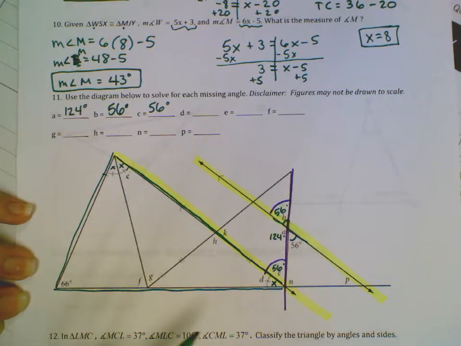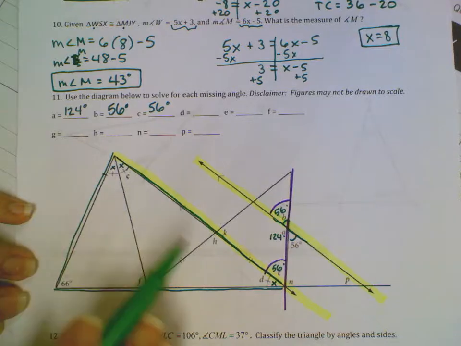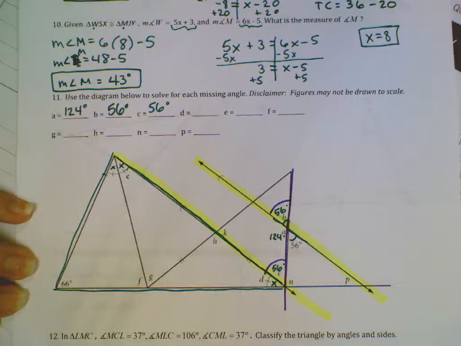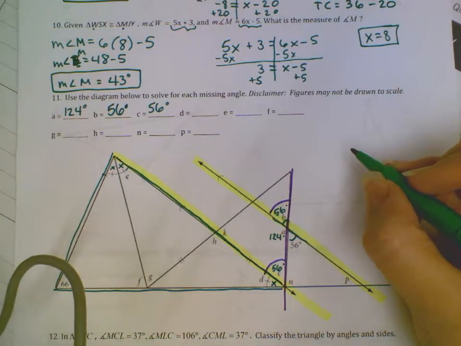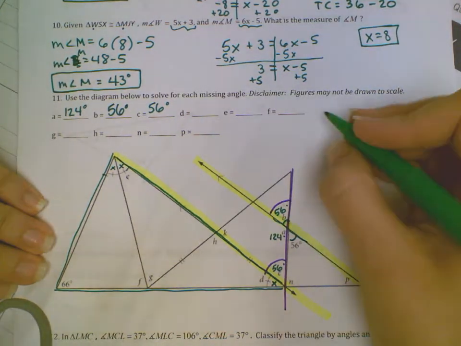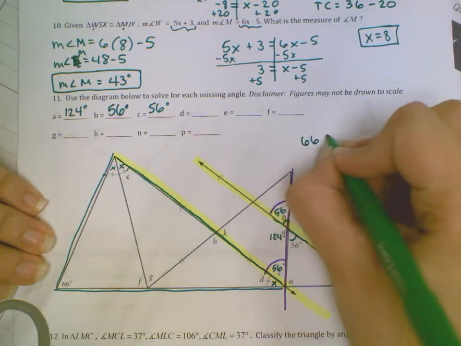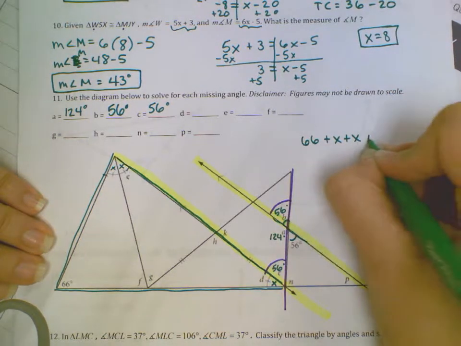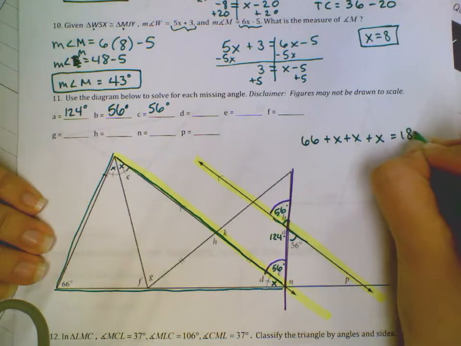Now in this big green outline triangle, I've got 66, X plus X, and X as all of my angles. So I can add those all together and set it equal to 180 to solve for X, which will be the angle D. So 66 plus X plus X plus X equals 180.